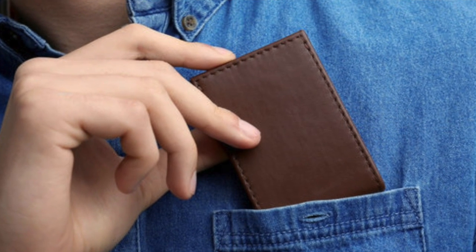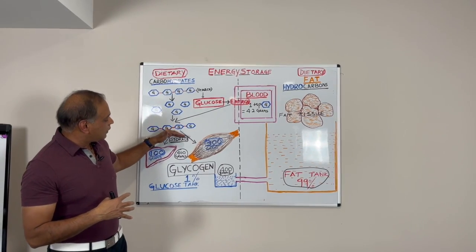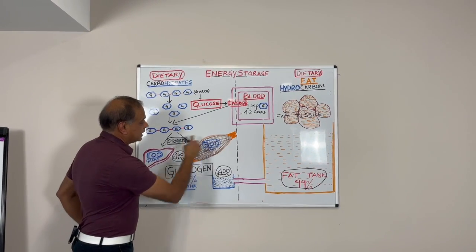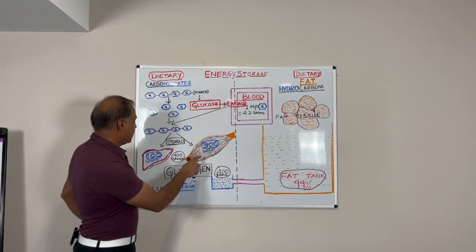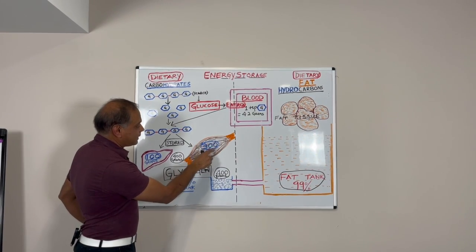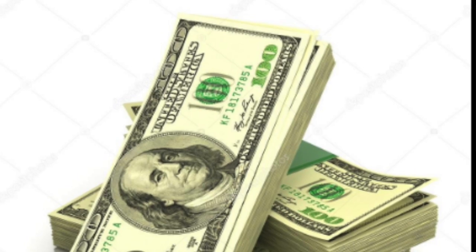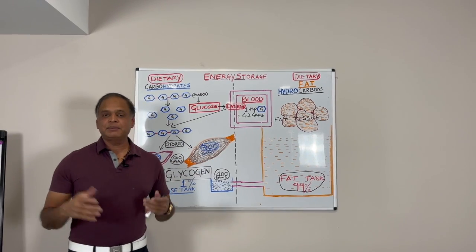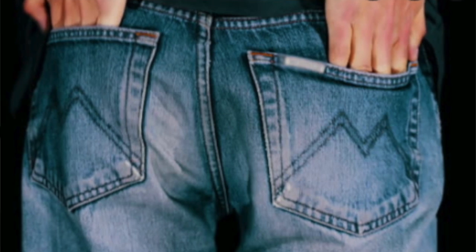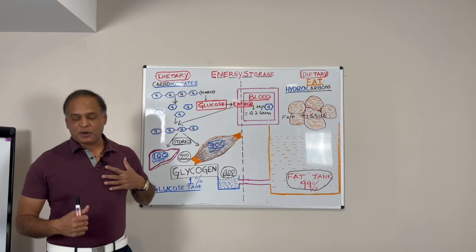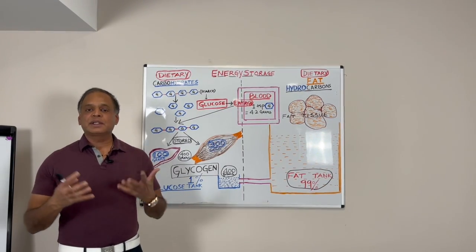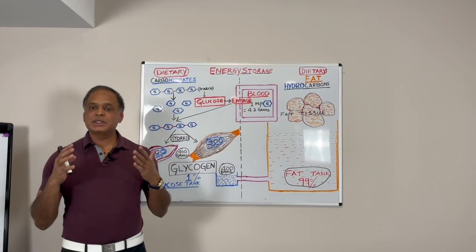Once that is full, the glucose goes as glycogen into muscle. The muscle has a capacity about 3 times that of the liver, that's 300 grams. So put together they have 400 grams. The muscle can be imagined as your front 2 pockets and back 2 pockets of cash that you can fill. The top pocket is liver, and the front 2 and back 2 pockets are muscle. Altogether it is about 400 grams, and this is your ready-made cash.